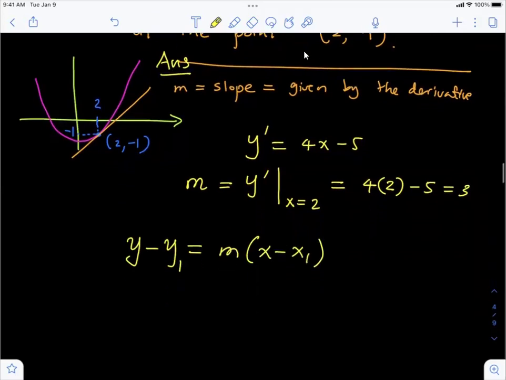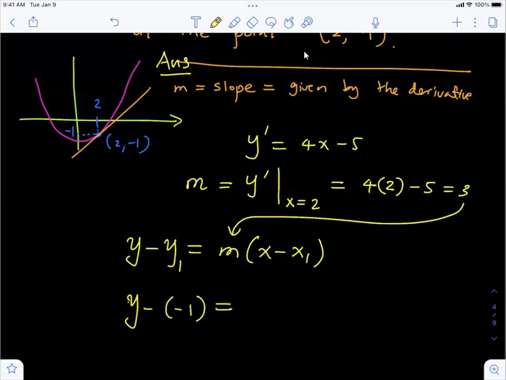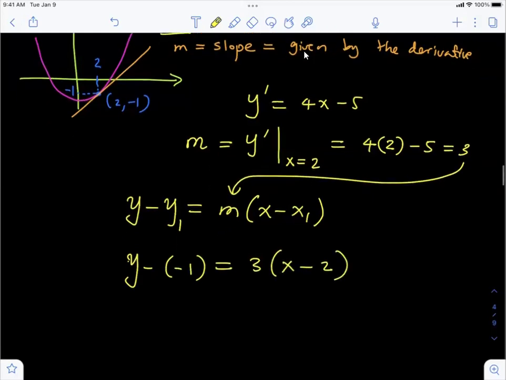In other words, x1, y1 are playing the role of the coordinates of this point, and m is given by the exact computation that we have seen already. So y minus the corresponding y coordinate, which is -1. So y plus 1 equals, here m is 3, times x minus 2. You can leave the answer just like this, or you can simplify the answer to the form y plus 1 equals 3x minus 6.